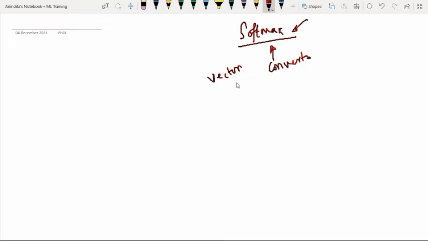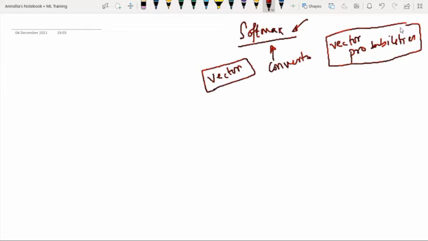Means if you have a number of inputs, or a vector of numbers, then it will convert all those vector numbers into a vector of probabilities. This thing is something new. So the main objective of this softmax function is converting vector numbers into vector probabilities. You have to keep in mind.